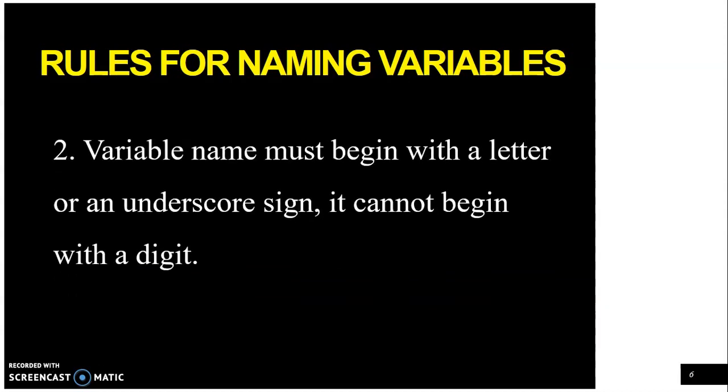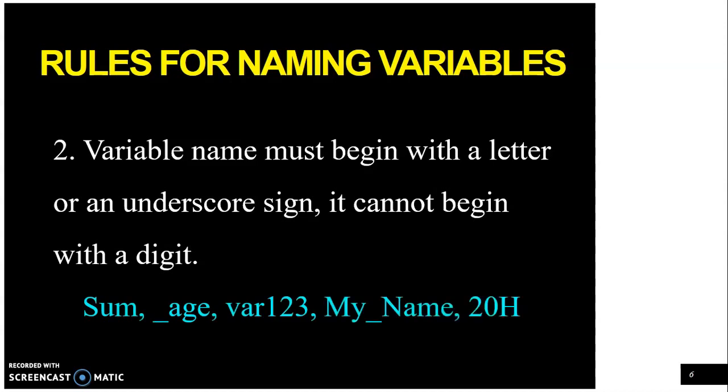The second rule: a variable name must begin with a letter or an underscore sign. You cannot use a digit to start a variable name. For example, sum_age, var123, my_name are perfect variable names, whereas 20h is not a perfect name for a variable according to the rules of the C language.